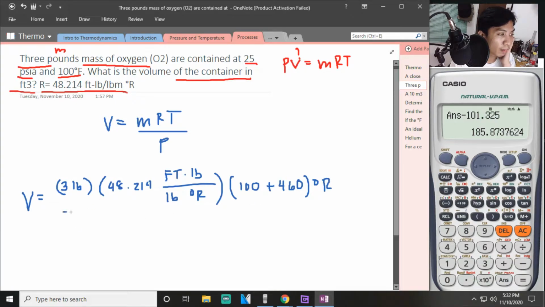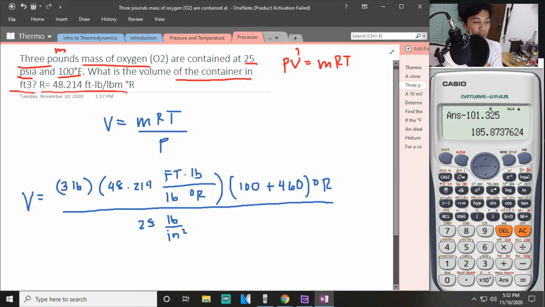Over the pressure. What is the pressure? 25 pound per inch squared. Now, whenever you see pound per inch squared, you always do this, since everything here is in cubic foot. In order to cancel out the inch squared, multiply this by 144 inch squared over 1 feet squared. That is the conversion factor.